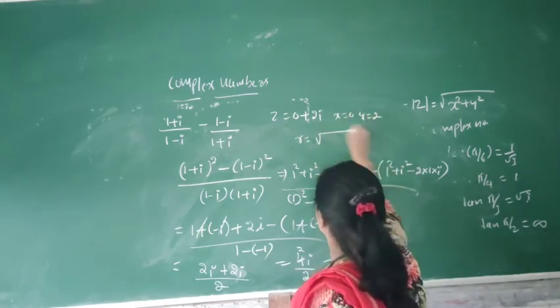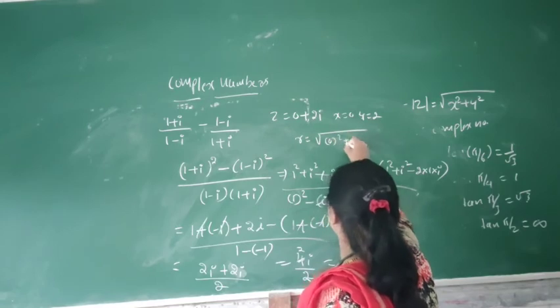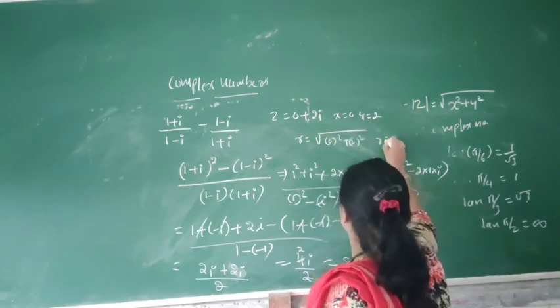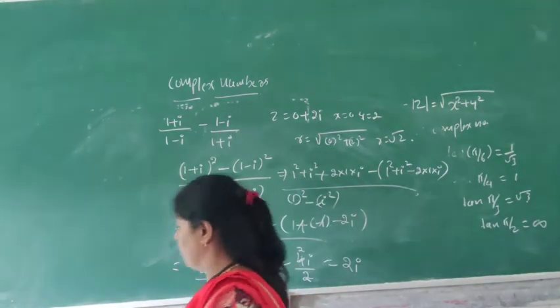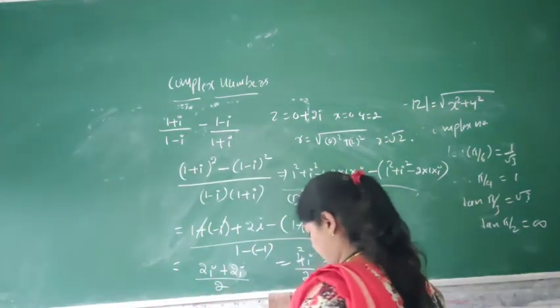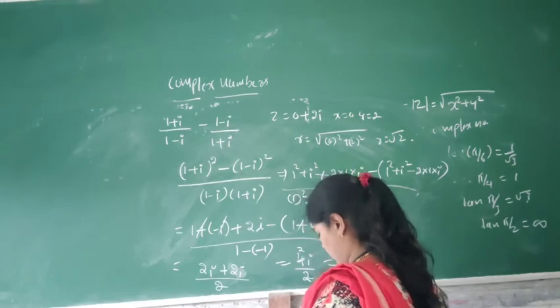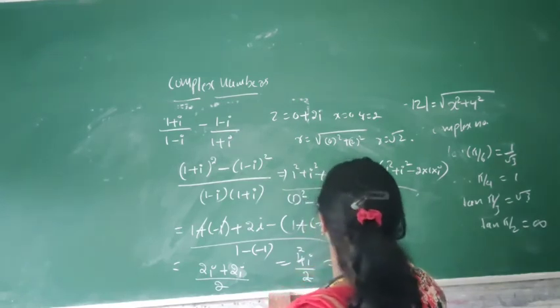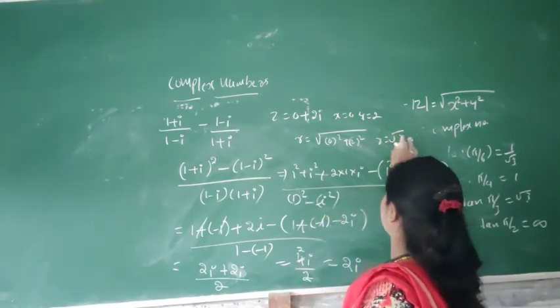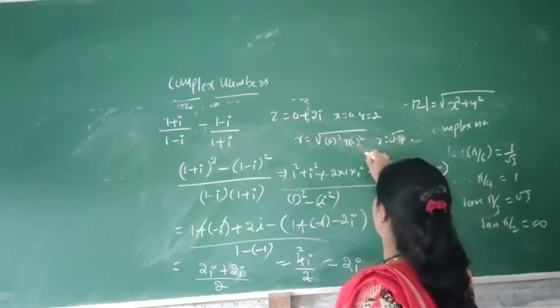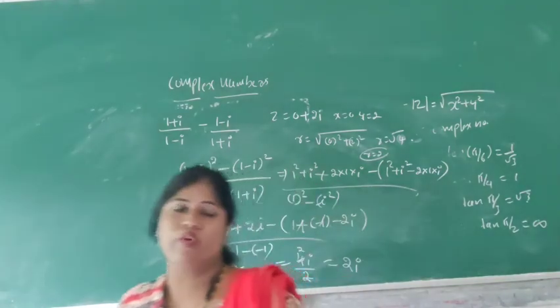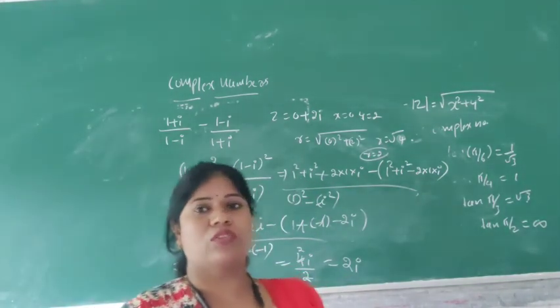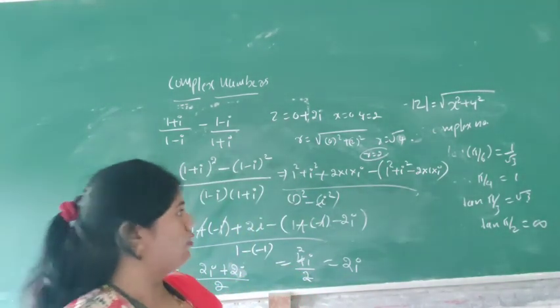So modulus r is equals to square root of 0 square plus 2 square, which is square root of 4. So r is equals to 2.